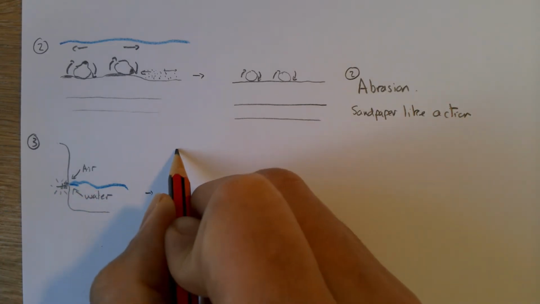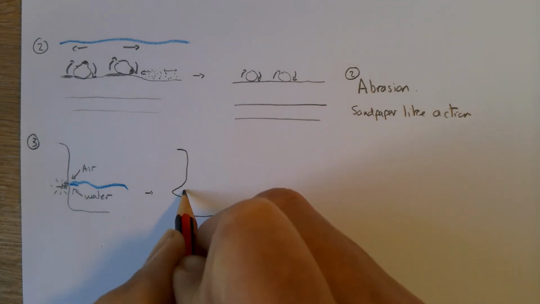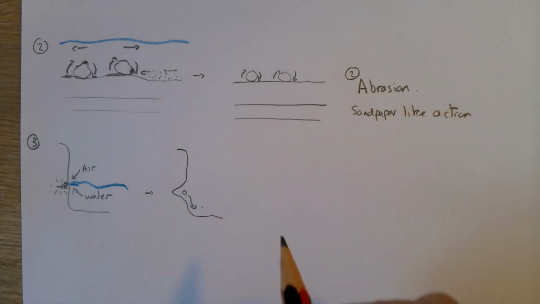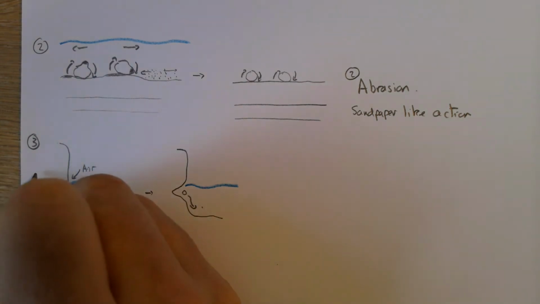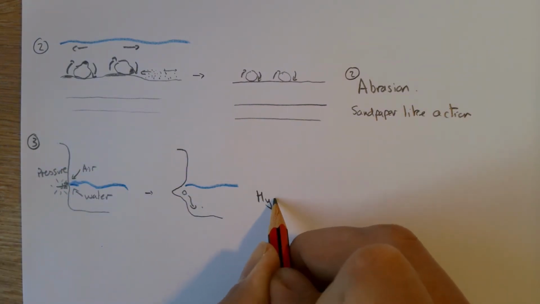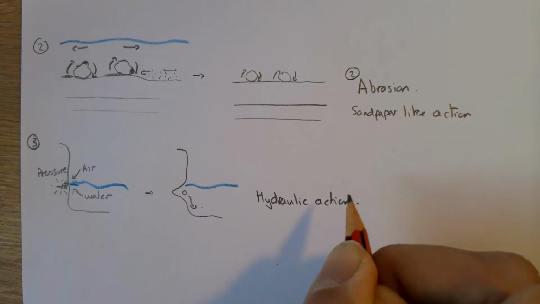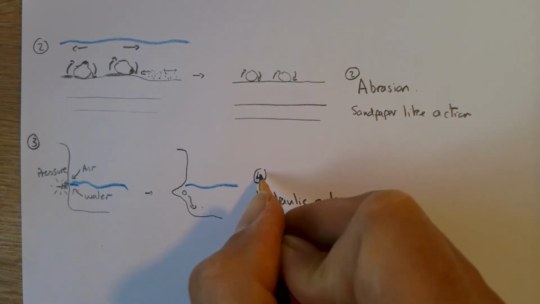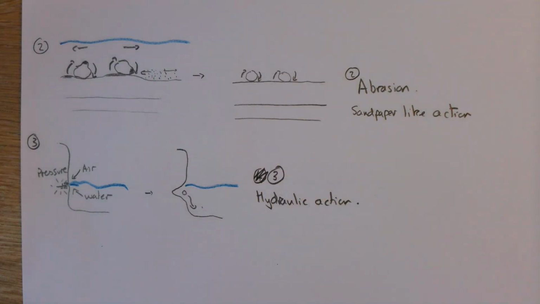The end result is that that crack is widened, with the excess material being carried away by the sea. This process of air and water being forced under high pressure is called hydraulic action. And this is our third type of coastal erosion.